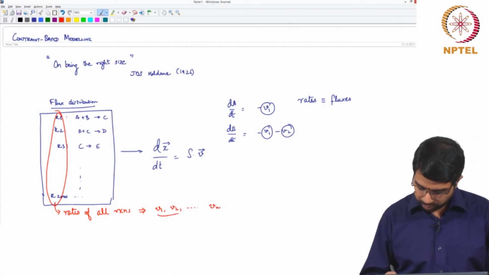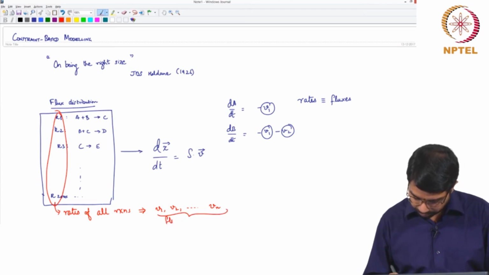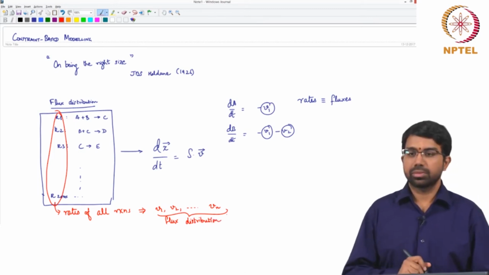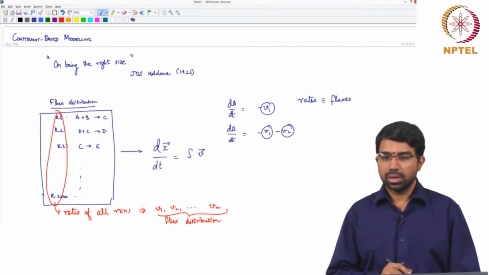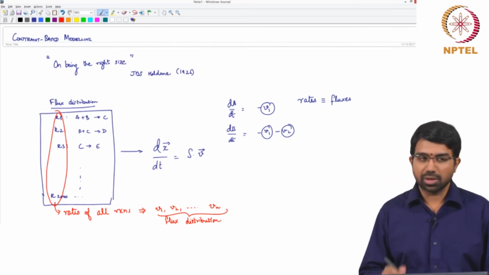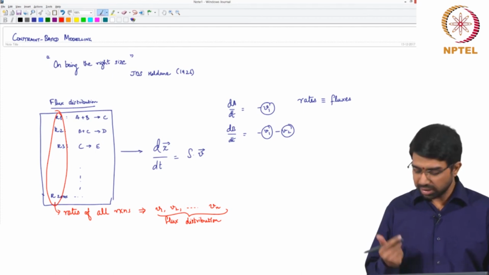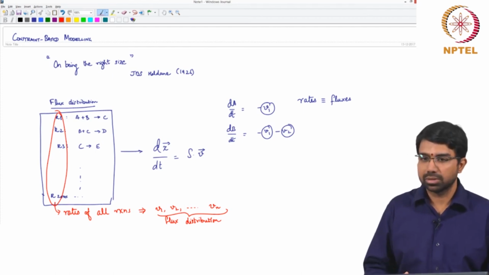This is what we call a flux distribution. Right. So what are the fluxes of every individual reaction in a network. This essentially specifies a network for us.